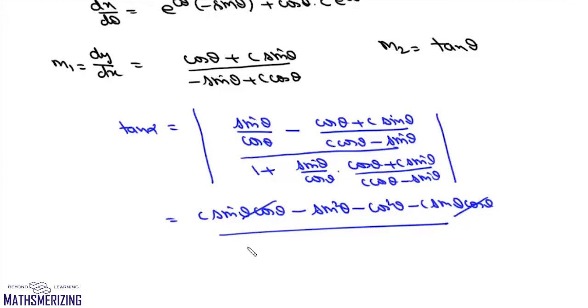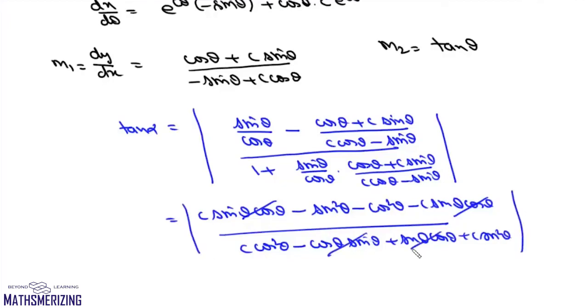So here will be c cos square theta minus cos theta sin theta plus sin theta cos theta plus c sin square theta. Now here also sin theta cos theta will cancel. Now sin square theta plus cos square theta is 1, and c sin square theta plus c cos square theta is c. So tan of the angle between these two lines is 1 by c, which is independent of theta.